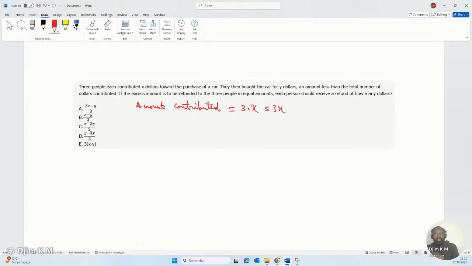They then bought the car for Y dollars, which is less than the total number of dollars contributed.